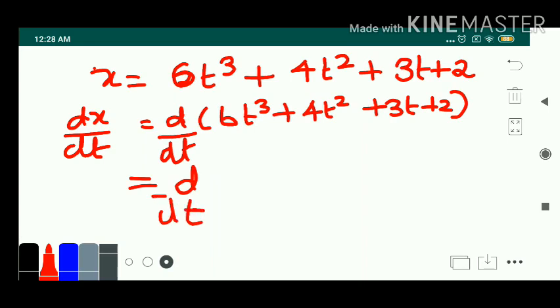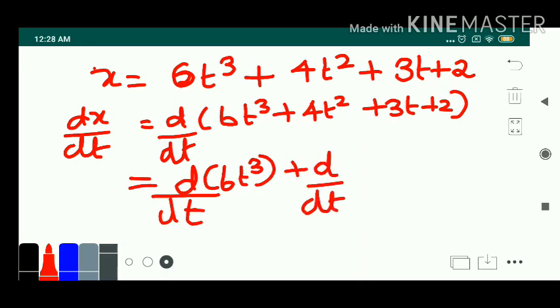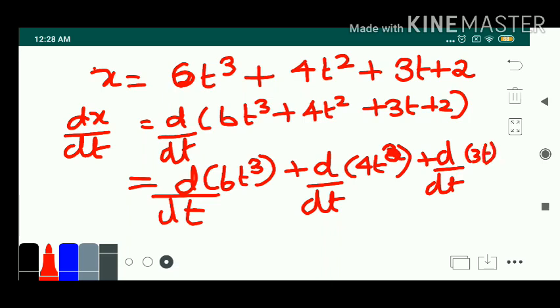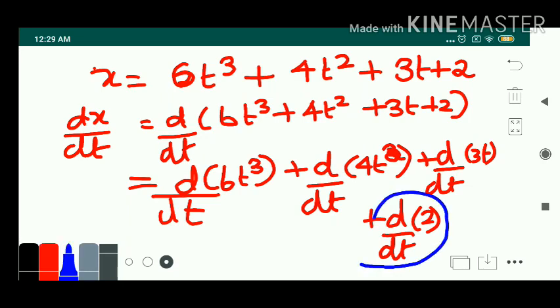See, the first time you are writing, it's okay if you write the entire thing. But as you do a lot of questions, this will come to your mind as it is. Right? Plus d by dt of 3t plus d by dt of 2. Here see, guys, this d by dt of 2 is a constant term. There is no t term with 2.